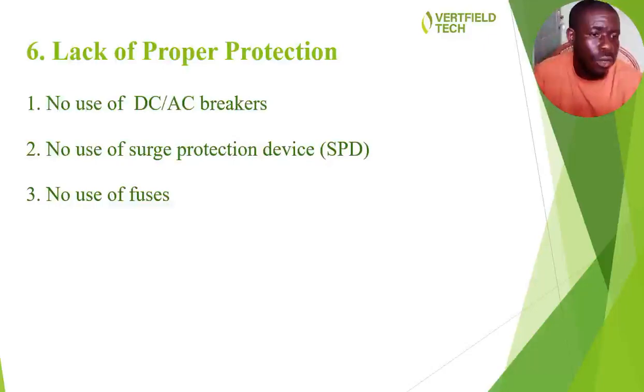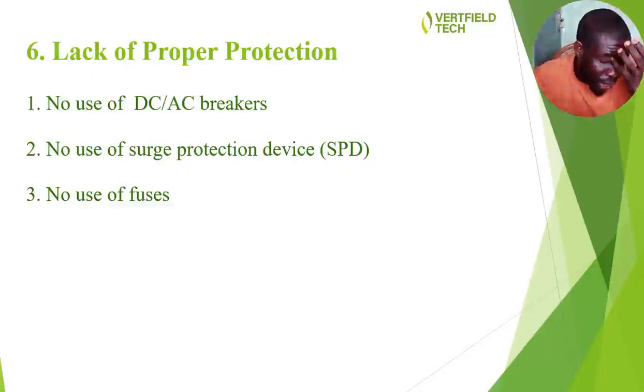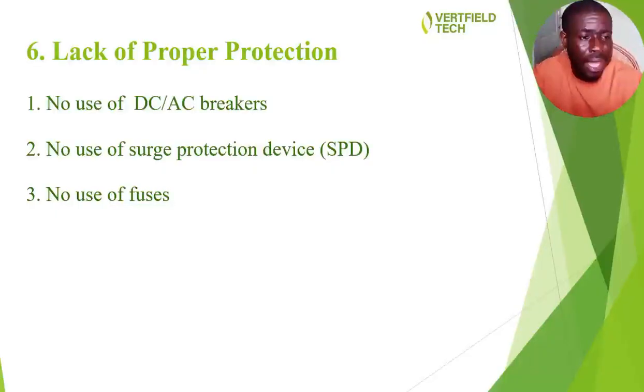You have your breakers, your fuse, your surge protection, your grounding, your changeovers, either manual changeover or the automatic changeover. We have taken our time to educate all our trainees on how to handle all these things, and they are able to do them. When it comes to solar power system installations, there are two parts of your solar system. You have the AC part and you have your DC part.